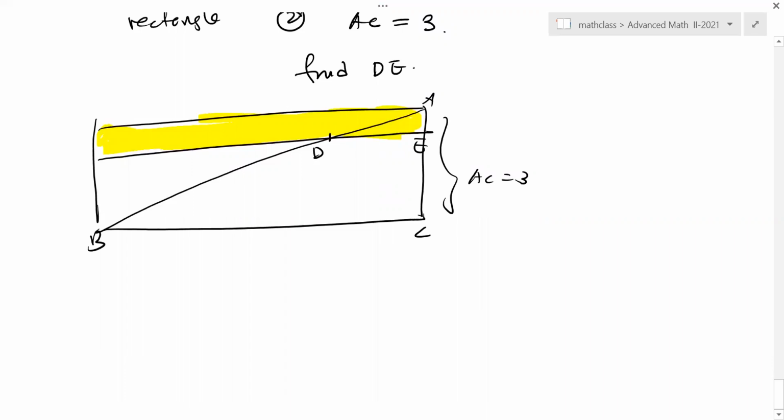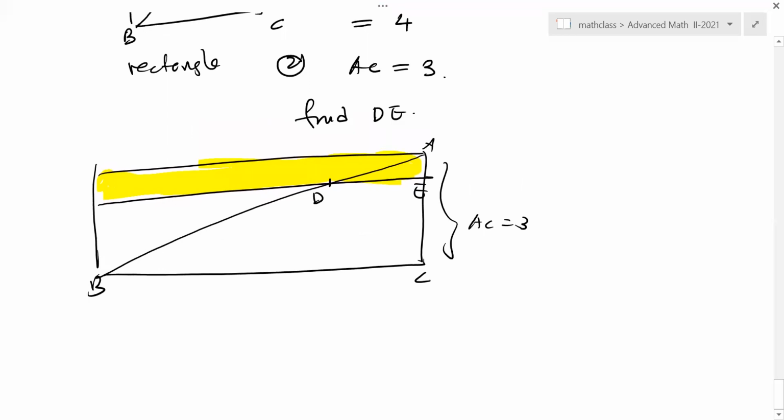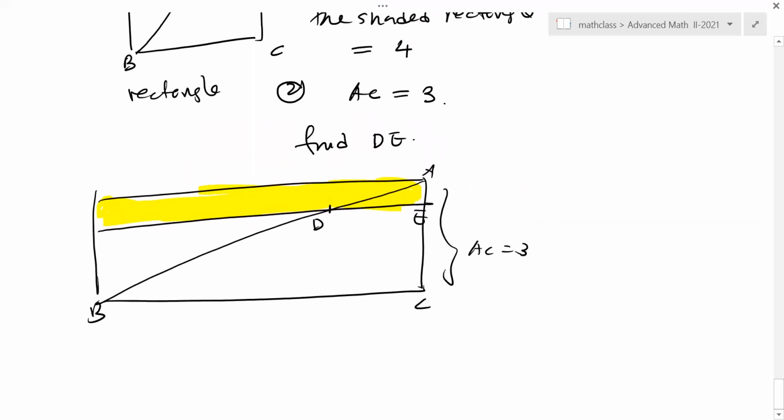Does anyone have answers to this problem? Oh, can I see the length?